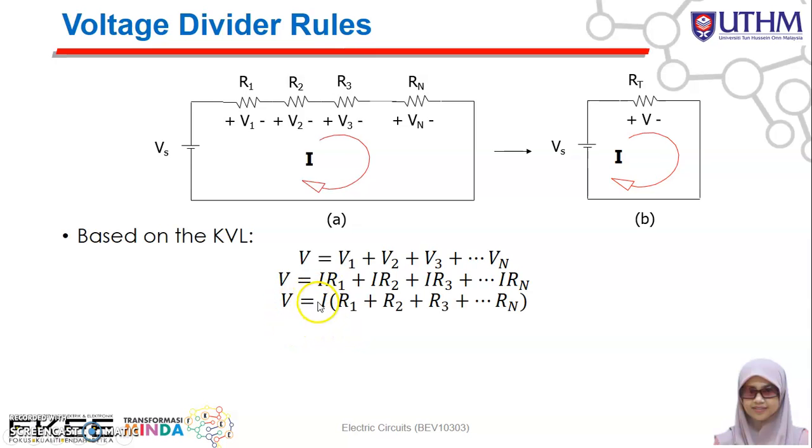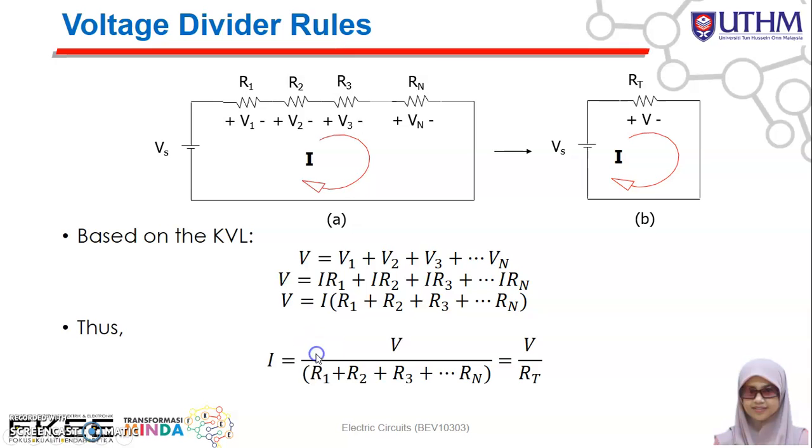So V is equal to I times R1 plus R2, R3 and Rn. Finally you can rearrange this equation to get I is equal to V over R1 plus R2 plus R3 plus Rn. Here, R1 plus R2 plus R3 plus dot dot dot Rn is equal to RT, the equivalent resistance. So finally, I is equal to V over RT. Here you can consider it as equation number 1.